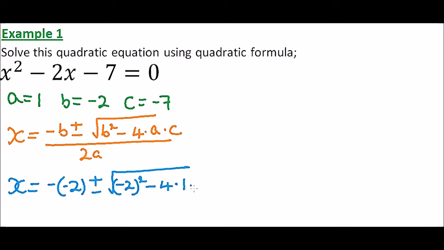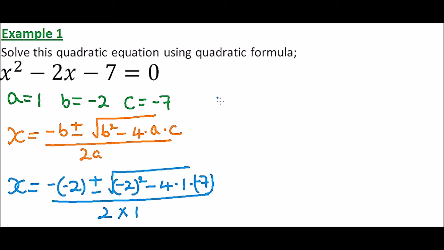Our a is 1 and our c is minus 7. So minus 7, close the bracket. All this is divided by 2 multiplied by our a, which is 1.